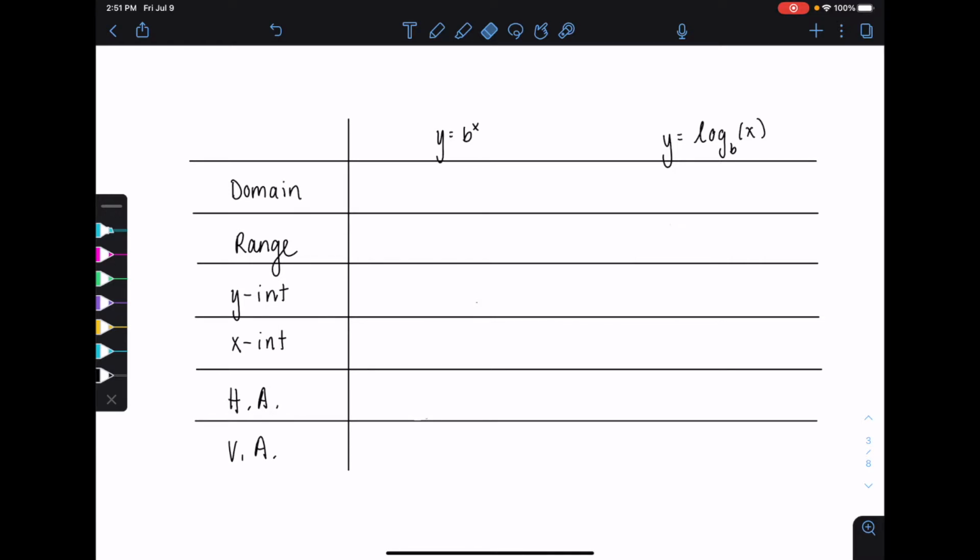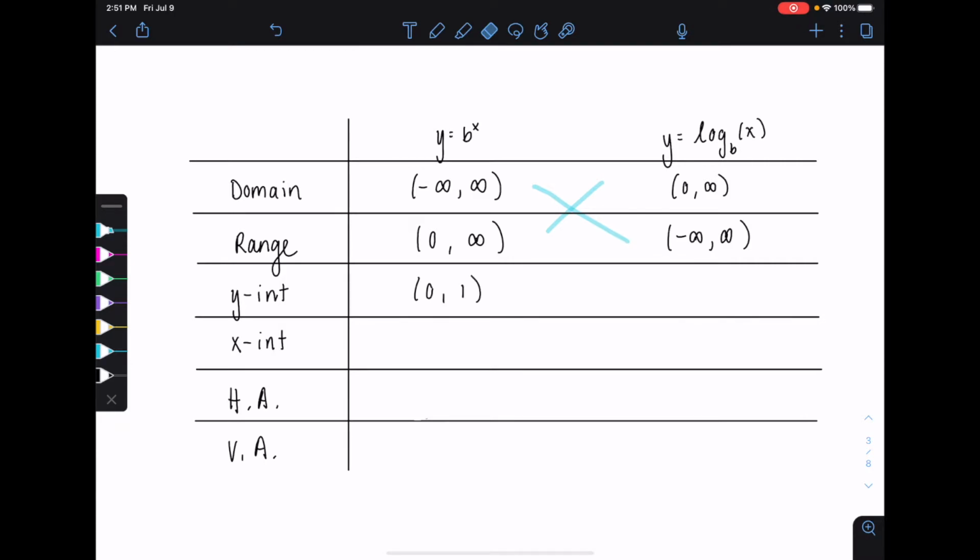Thinking about our exponential function, you can input whatever you want, but your range is from 0 to infinity. Because these roles switch, we go ahead and switch the roles of the domain and range for the logarithmic function. So for logarithms, my domain is from 0 to infinity. My range is now all real numbers. For the exponential function, our y-intercept is (0, 1), but we do not touch the x-axis.